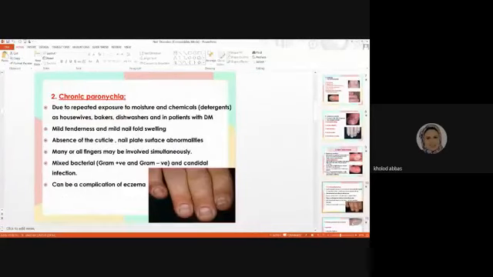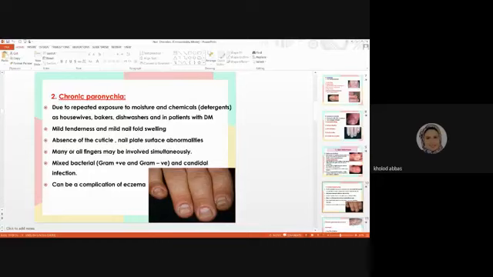Chronic paronychia, as we mentioned earlier, is a picture of hand dermatitis, eczema. Remember that chronic paronychia could be a complication of chronic hand dermatitis or eczema due to repeated exposure to moisture, water, chemicals, detergents, like in housewives, bakers, dishwashers, and diabetic patients.